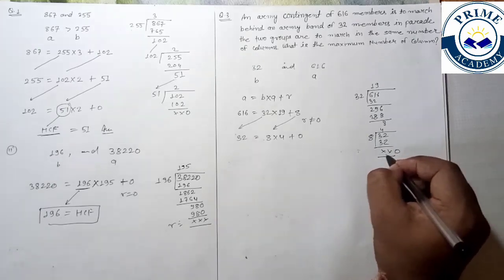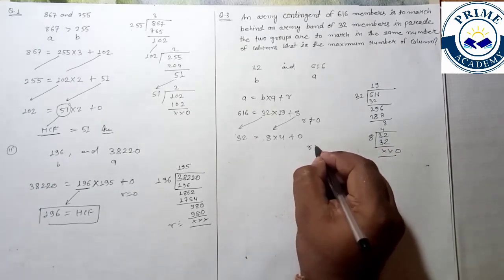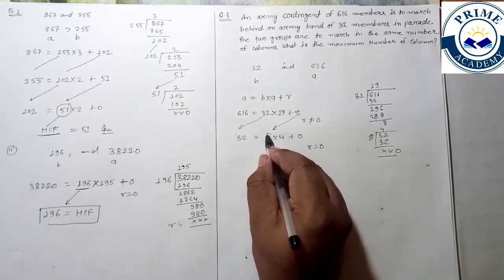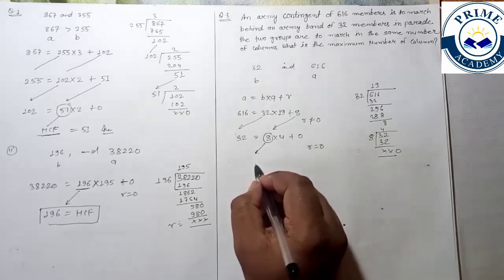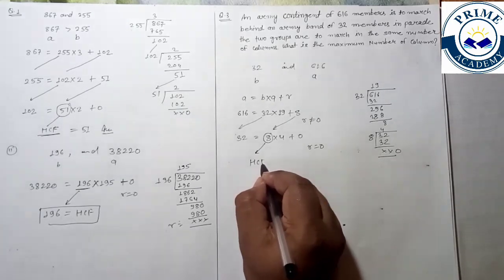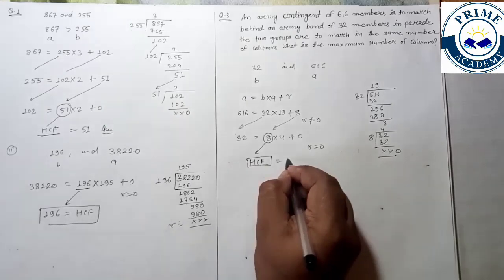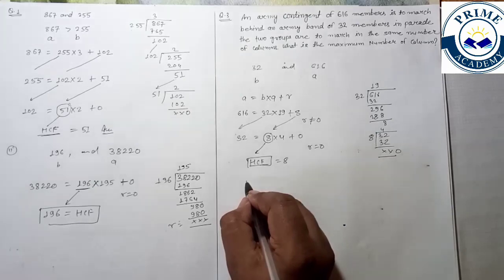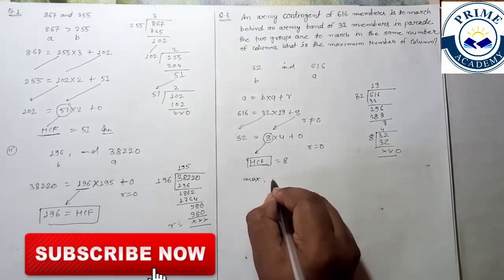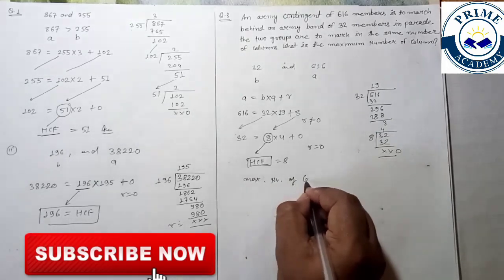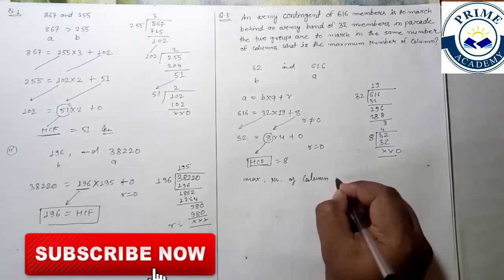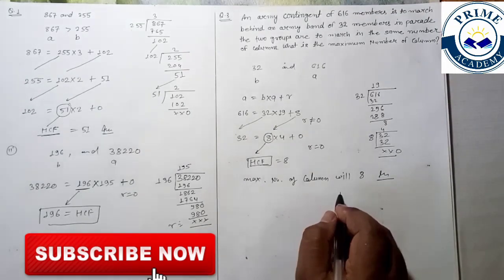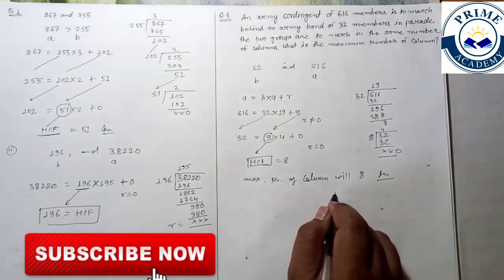This means the remainder becomes 0, so you should stop. That means this divisor, this B, will be the HCF of these. The HCF of these two numbers is 8. Hence the maximum number of columns will be 8. That's all, right? Like this you can solve it.